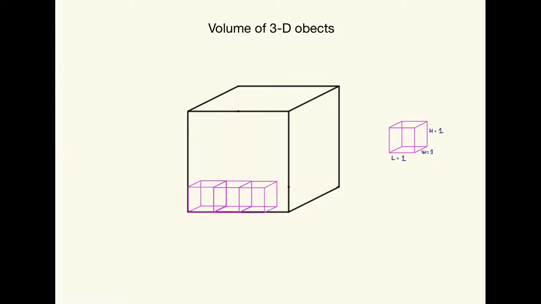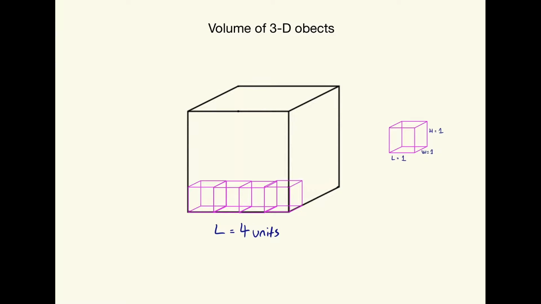And it looks like it's going to be 4 across. Now, it's not perfect, but as you can see, I can fit 4 cubes across. So it looks like the length of this cube is going to be 4 units across, right? And we can write 4 units.